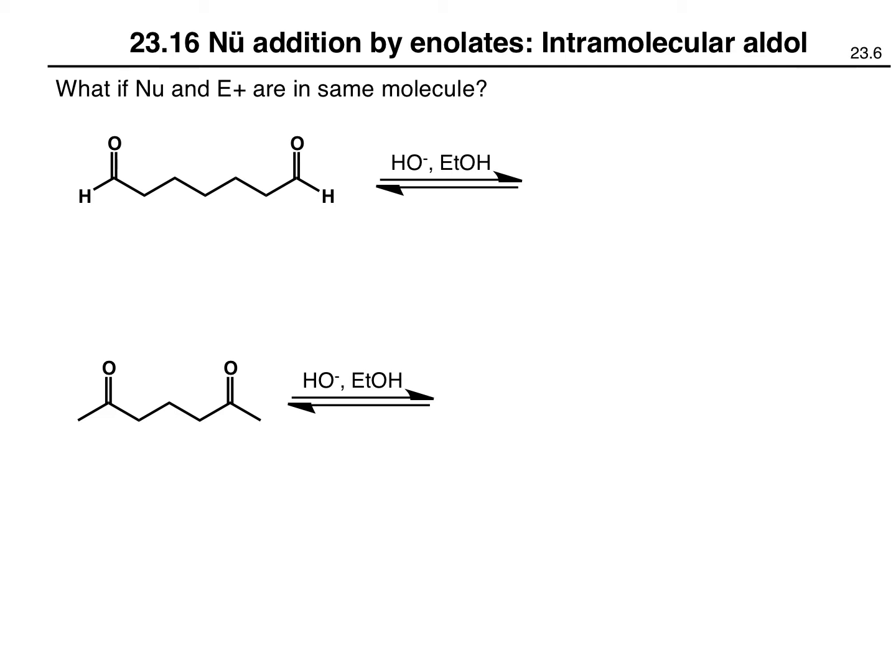If we have this dialdehyde, for example, this is symmetric, so it doesn't matter which way we show this, but let's imagine that the hydroxide pulls off one of these alpha hydrogens, and that is going to lead to the formation of this enolate.